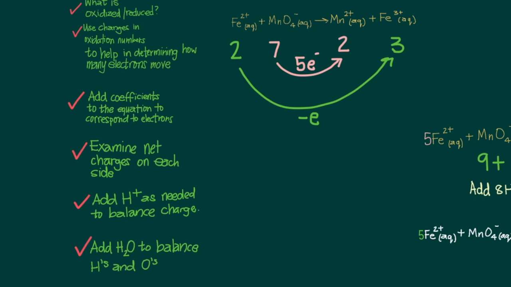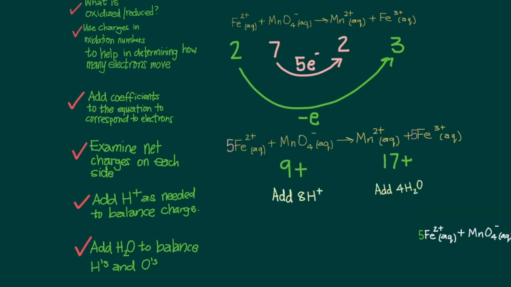So this 5 to 1 ratio can only be satisfied by using 5 Fe2 pluses, which gives 5 Fe3 pluses, with the 5 electrons that are lost being used to reduce MnO4 negative to Mn2 positive. For the redox reactions that we will get in acid solution, H plus must be added to counter this discrepancy.